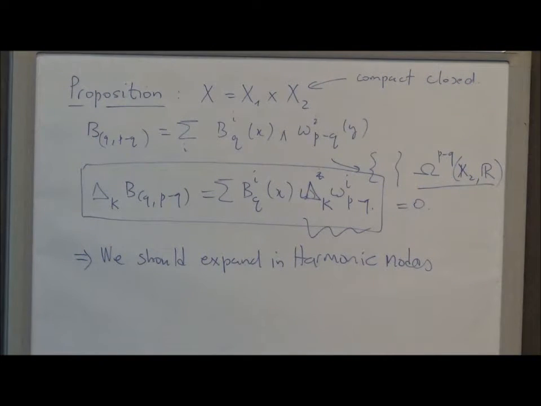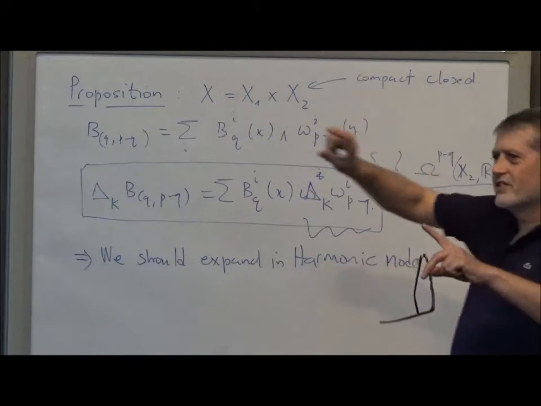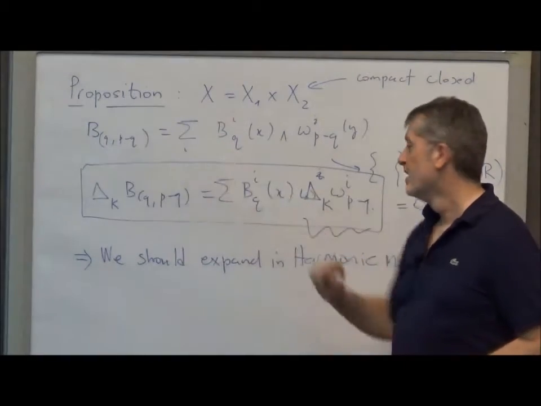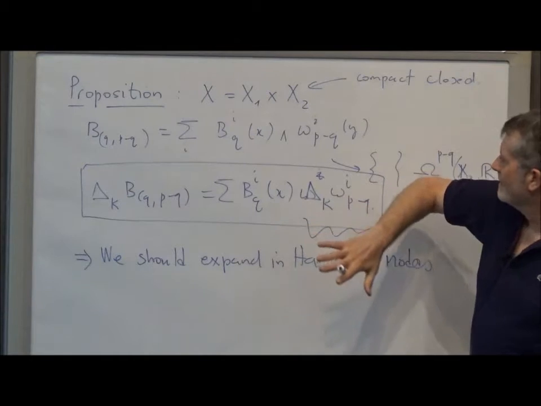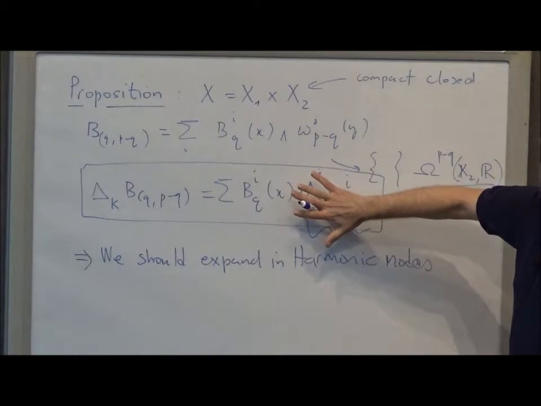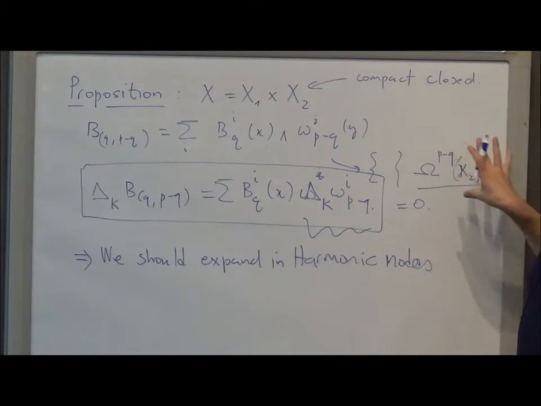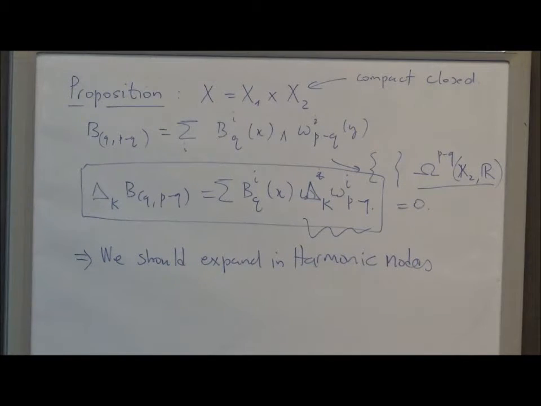And the Hodge decomposition told us that we have an orthogonal decomposition of every form into stuff plus harmonic, right? So basically this says, do not expand in a basis of this big space, but please expand in the basis of harmonic forms, and then you've solved the equation.